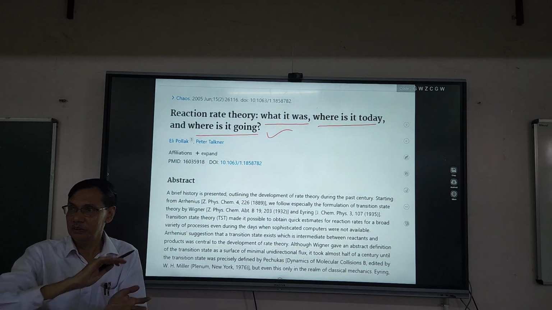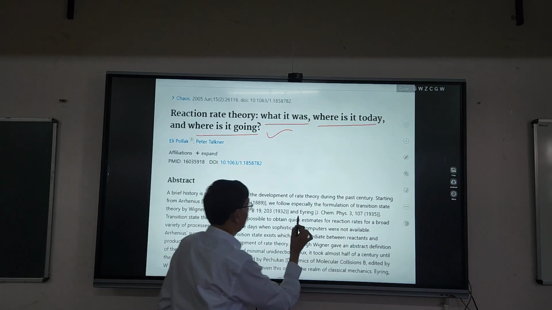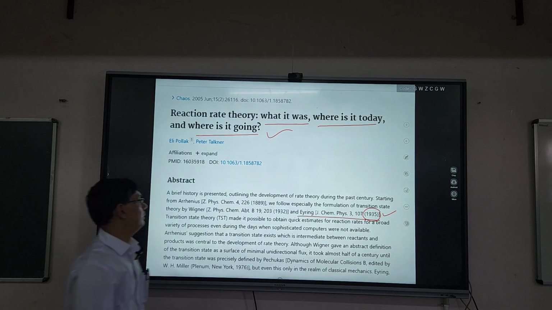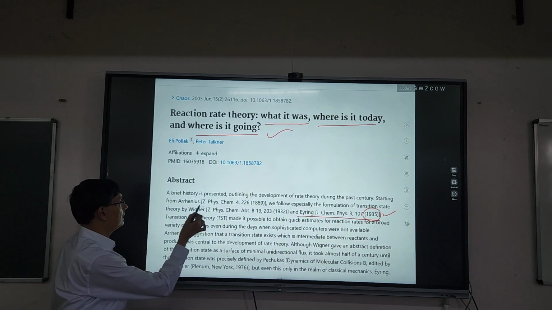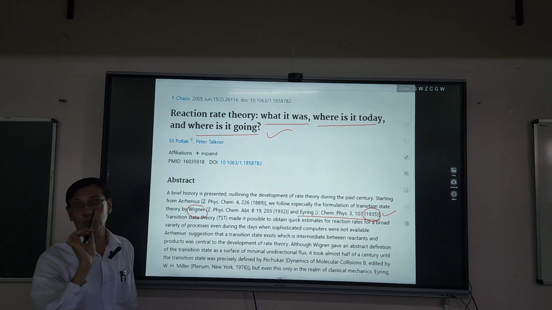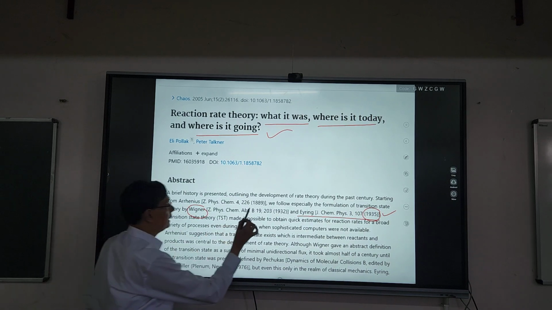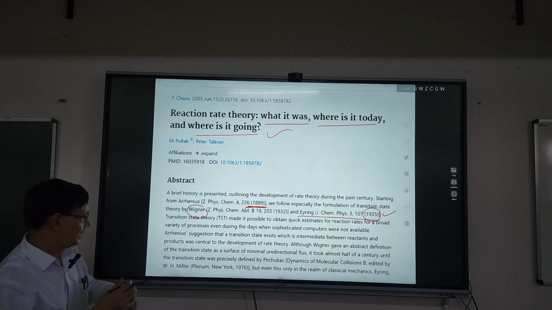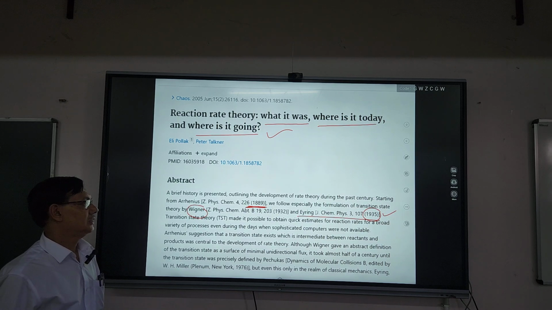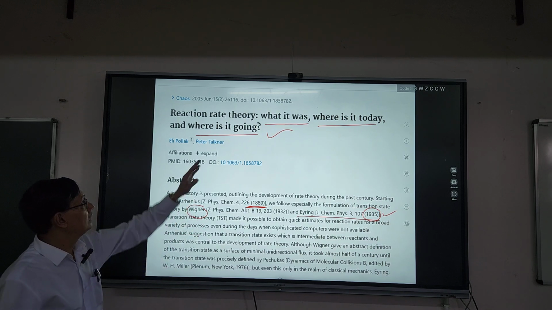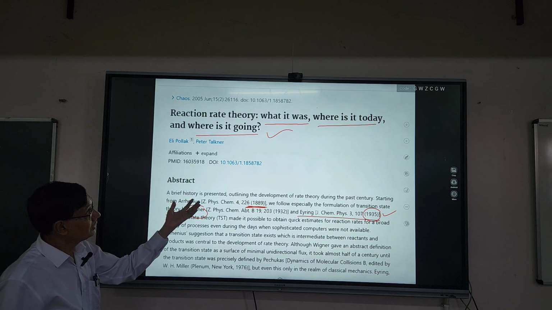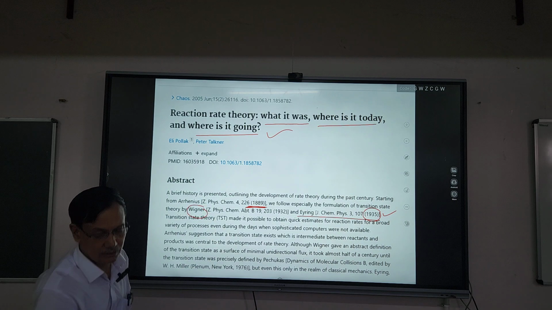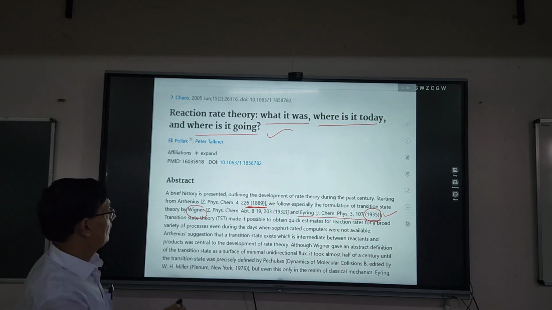So from Arrhenius to femtosecond, and they have given a large number of references. 1935 is the original research paper, by Wigner and Pelzer, and Arrhenius also published his paper in 1889. So I am always excited to tell you the story of what it was, what it is today, and where we are going. In the second semester, you will study femtosecond and other things.